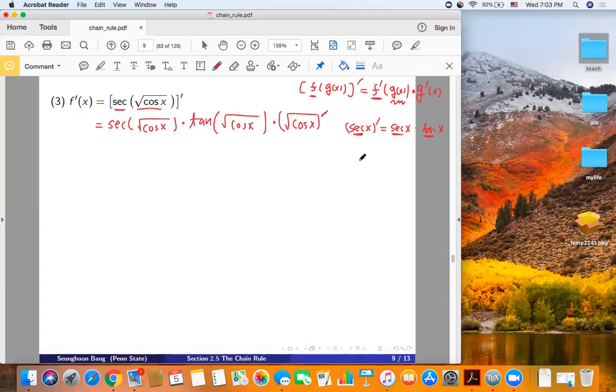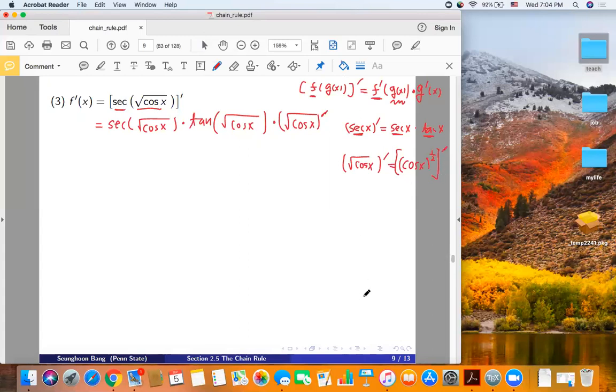How can you find the square root of cosine of x prime? I write here. So here, square root of cosine of x prime, you can change it to the power form: cosine of x to the power 1 over 2, this whole prime. How can you calculate?